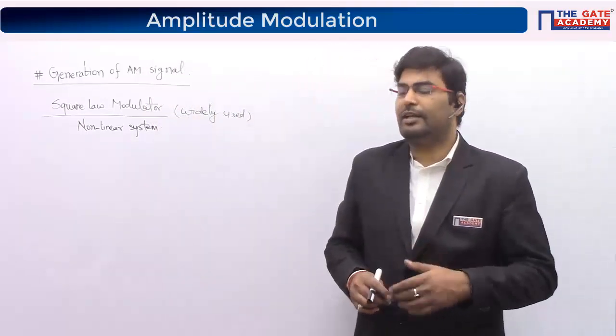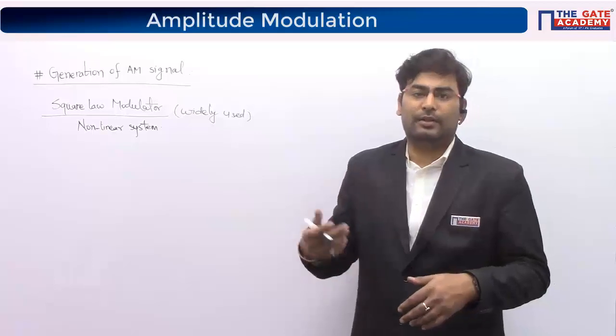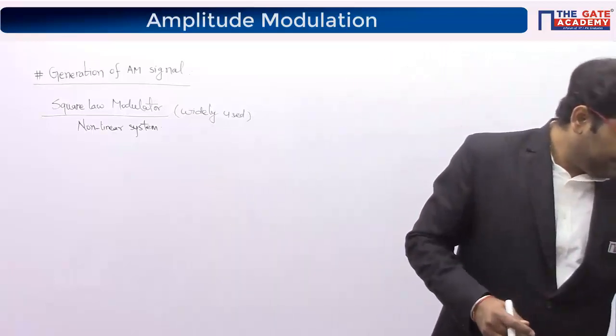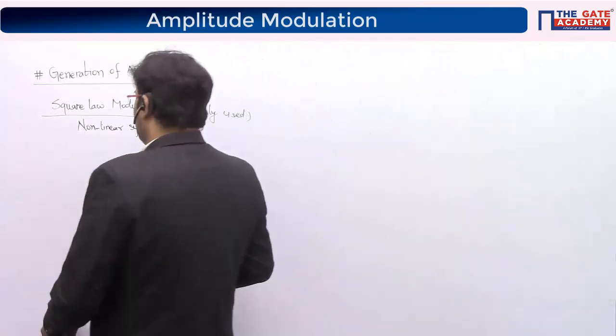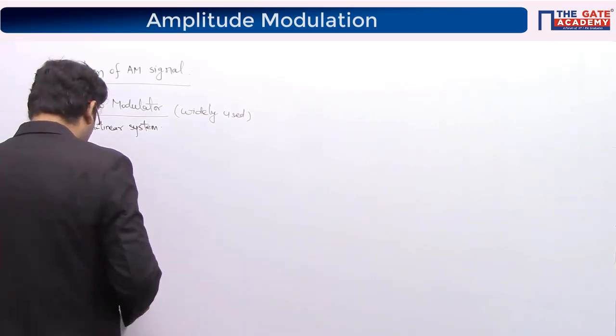So square means you have a signal coming as input, and you are making its square or cube or something like that. Let me draw the block diagram so that you can get more idea. You have a message signal coming, m(t). It goes into a summer.